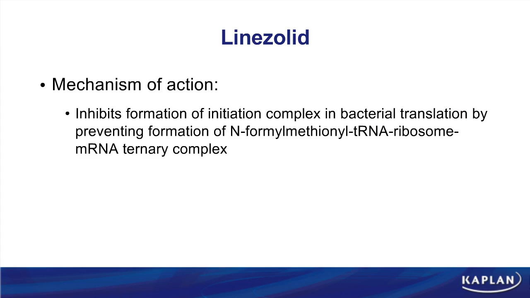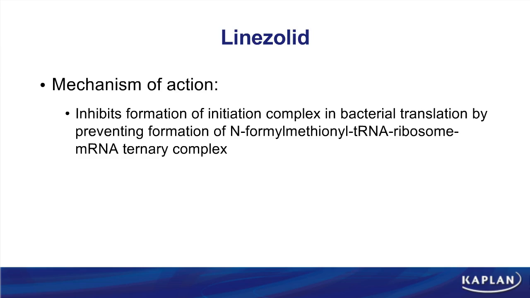Next, we have the drug linezolid. This is a drug that inhibits protein synthesis by inhibiting the formation of the initiation complex. In bacterial translation, it prevents the formation of the N-formyl methionine tRNA ribosome mRNA ternary complex. Try saying that fast 5 times, by the way. I don't see a great mechanism question on this drug.